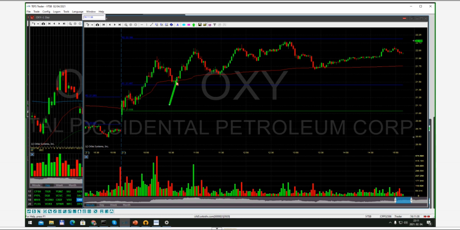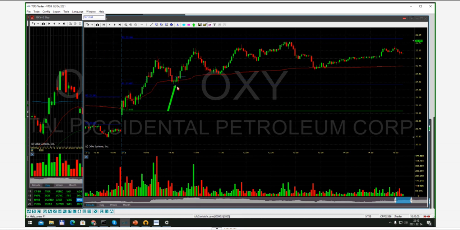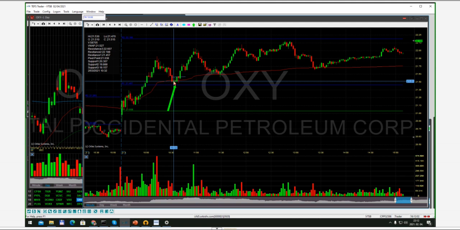This is a beautiful confirmation candle. So the entry is over the confirmation candle's high, which was in this case, let's see, yeah, here. Yeah, 21.58. I got in at something like 21.62, and the stop loss under the lowest point of the pattern, which was 21.47.